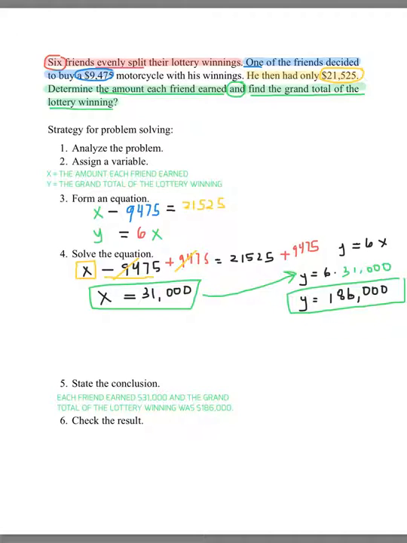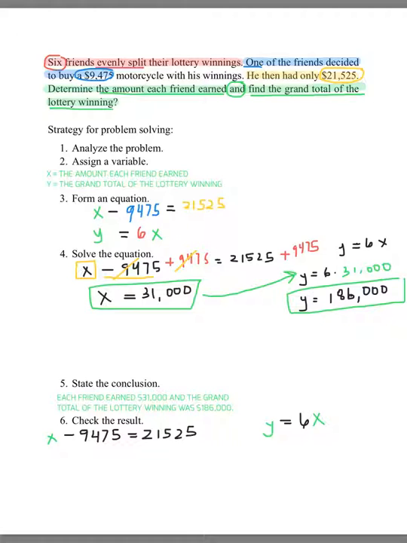So again, we'll start off with the original equations found in step 3. So we're going to have x minus 9,475 is equal to 21,525. And I'm going to color code that x in green. And now let us write down the second equation. Well, the second equation is going to be y is equal to 6x. So now we're going to substitute these values in.